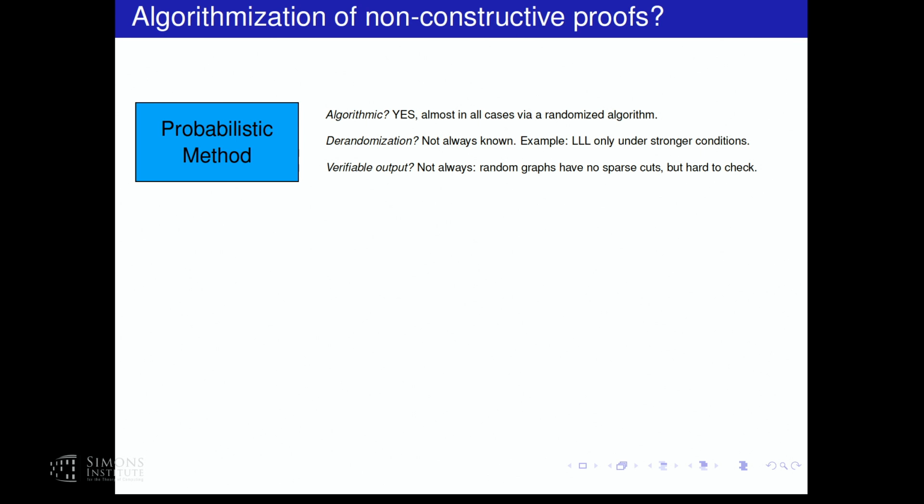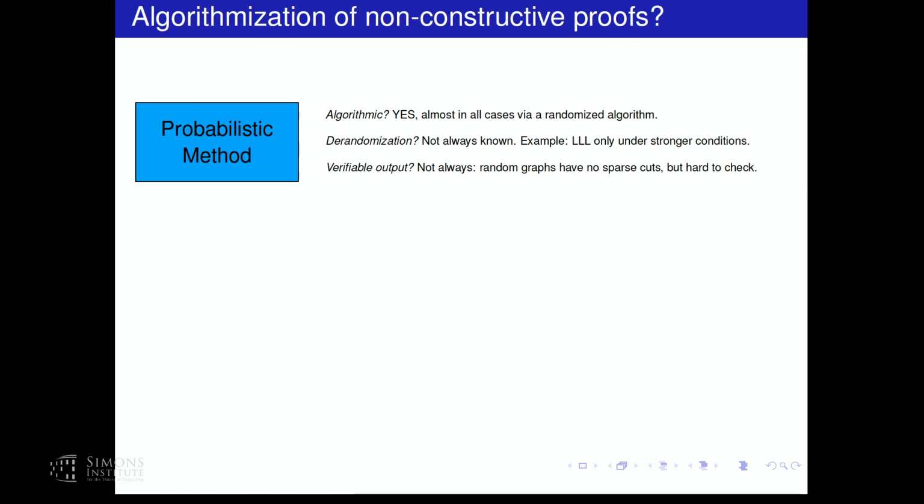The algorithmic question is interesting in all of these cases. For the probabilistic method, I think by now it's fair to say that almost all applications of the probabilistic method have been made algorithmic, at least using randomized algorithms. So we should be careful what we mean by constructive. In some areas of mathematics, constructive might mean just having any finite time procedure that constructs the object.